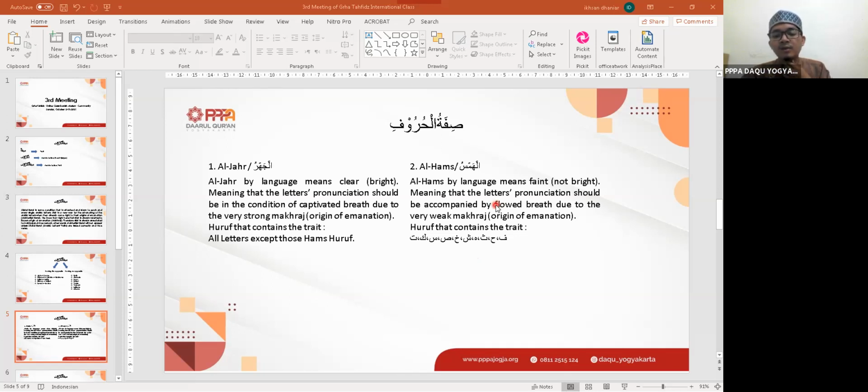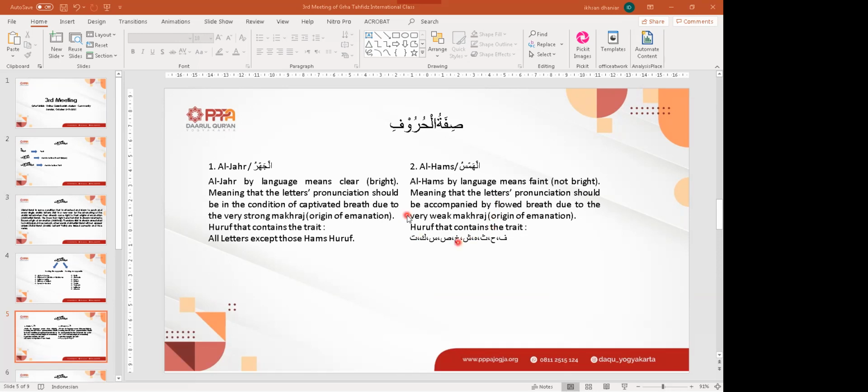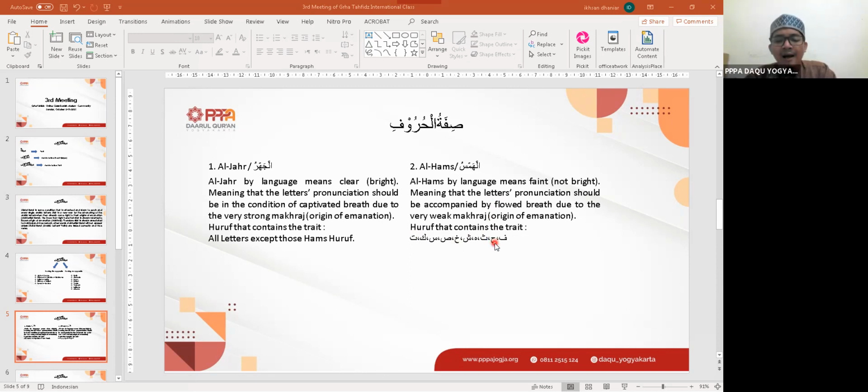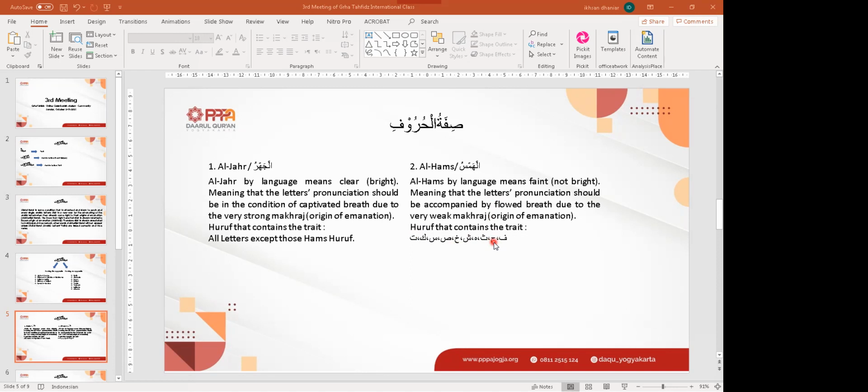And this ha is right here from the epiglottic valve, as we discussed in the previous meeting. This one is ha, ha. Like spicy food, Ustad?